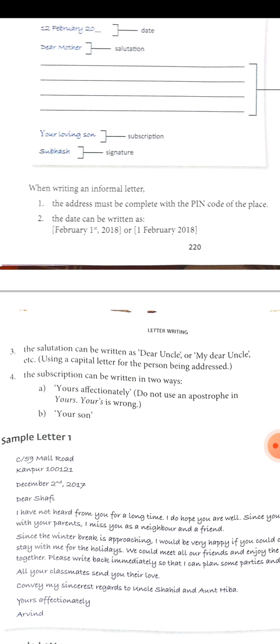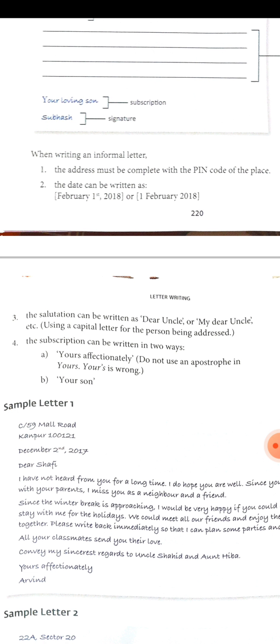For example, uncle is written with capital U, and dear will also begin with capital letter. But if you are writing my dear uncle, then my will begin with capital letter and dear will begin with small letter, and uncle is going to be written in capital letters. So you have to use capital letter for the person being addressed.